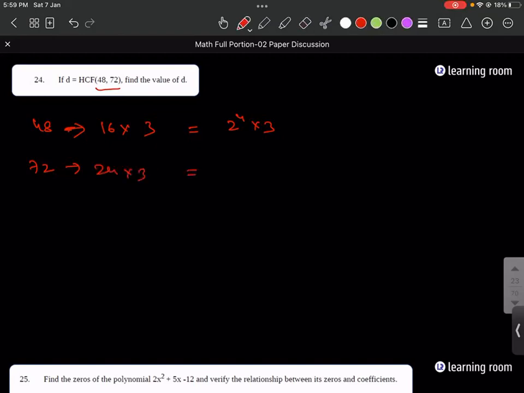So 24 can be written as 8 into 3, so you'll have 2 cube into 3 square. So what is going to be the highest common factor? So it will be 2 cube into 3, which will be 24. Right?